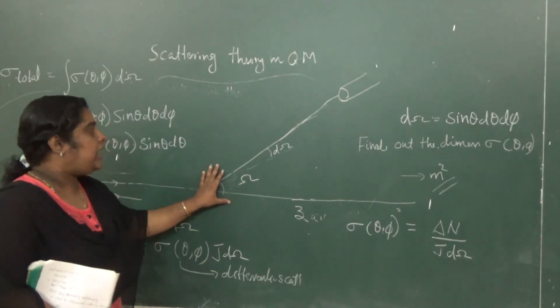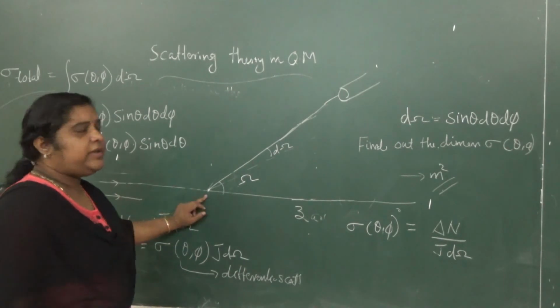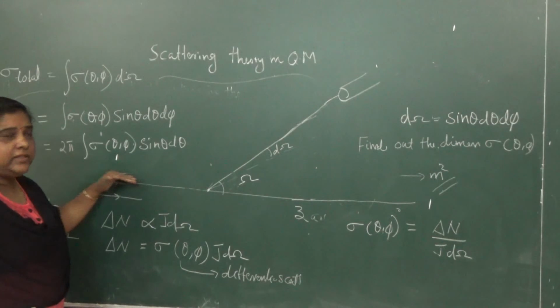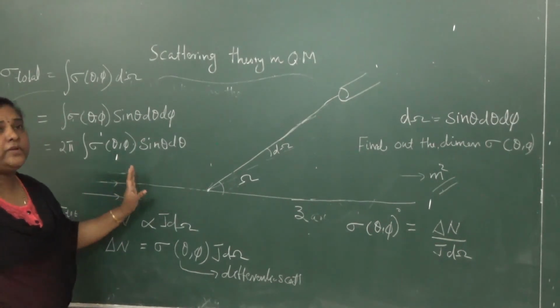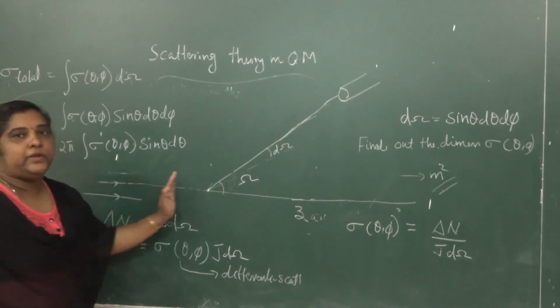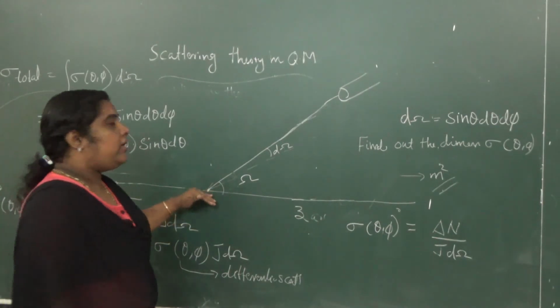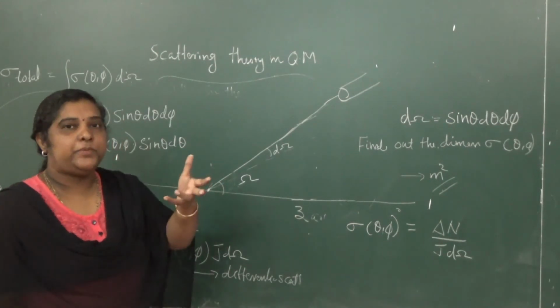The wave function comes from infinity as parallel particles, so you can assume it as a plane wave, which is influenced by some potential here. That is the quantum mechanical picture of scattering.